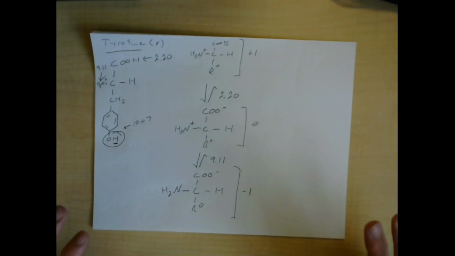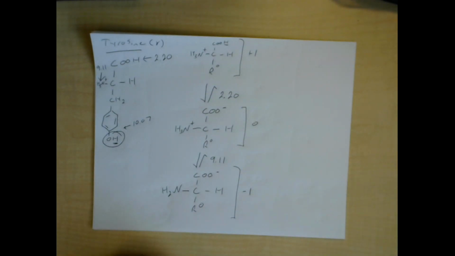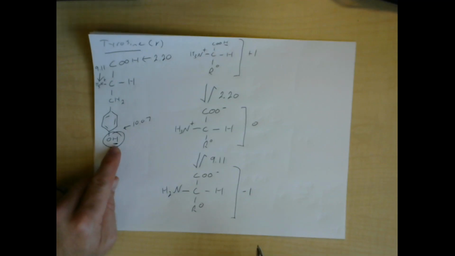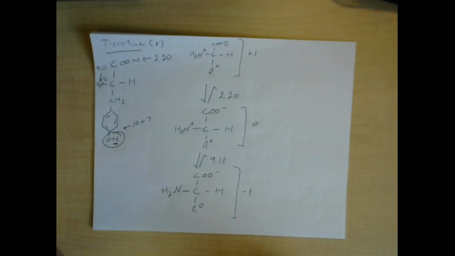Okay, so you can keep on going. If you were to deprotonate the phenolic proton, that would give you a terminal ionization state with a charge of -2. If I take the proton there, this R group becomes negatively charged. So overall, we could reach a -2 charge.